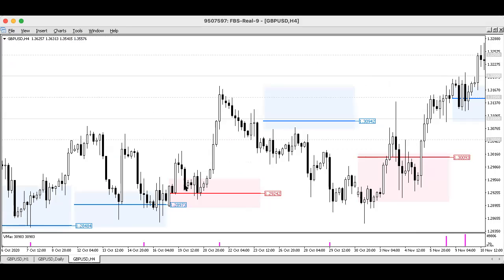Now there's a bit of contrast here. This indicator depends on the broker to generate the right volume. I find that the best broker to trade this indicator with is a GMT broker, a broker that has a GMT closure.